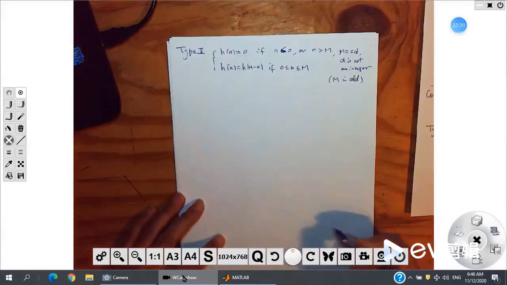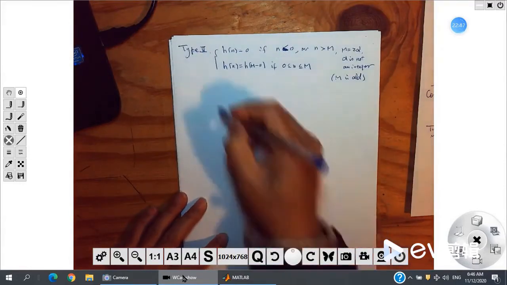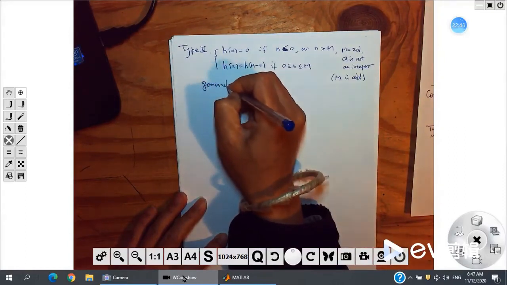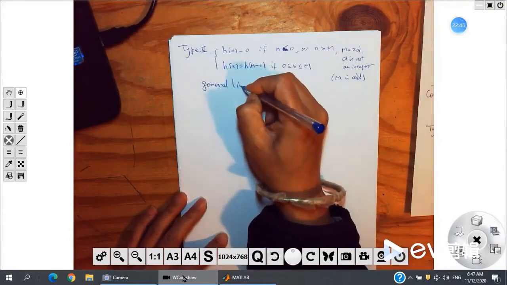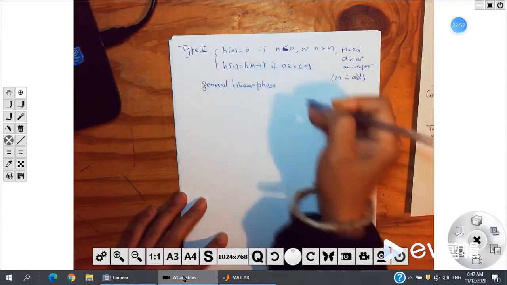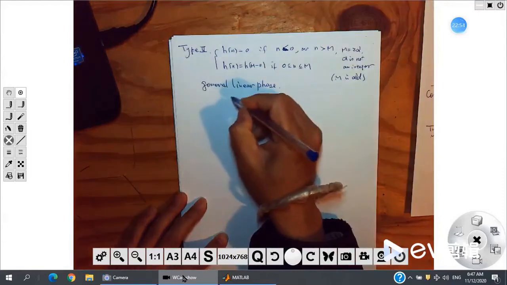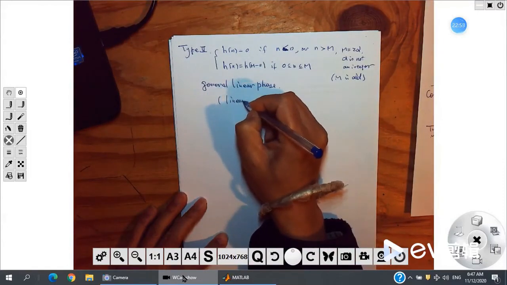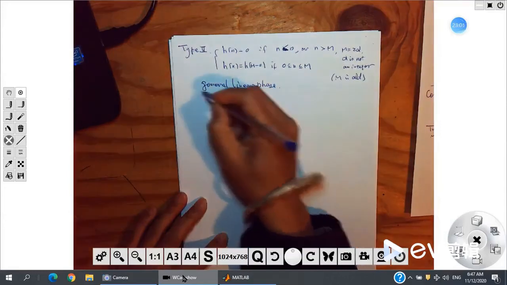This is type 2. It is also a generalized linear phase.